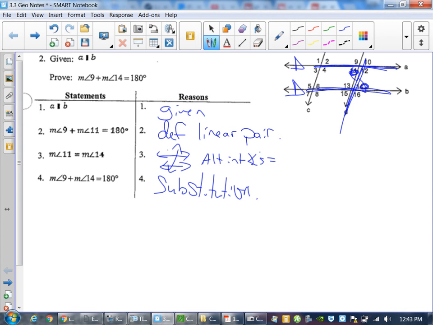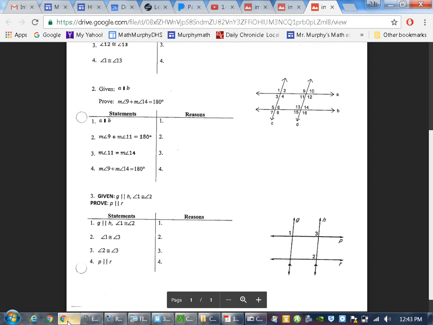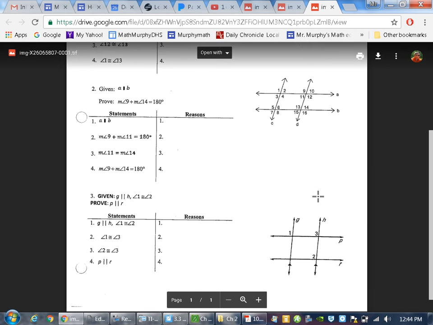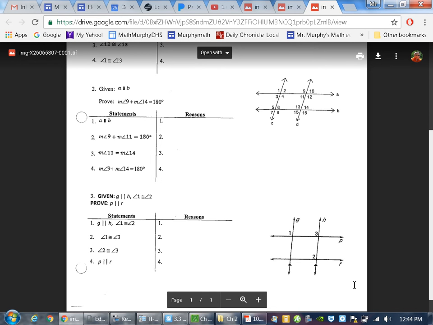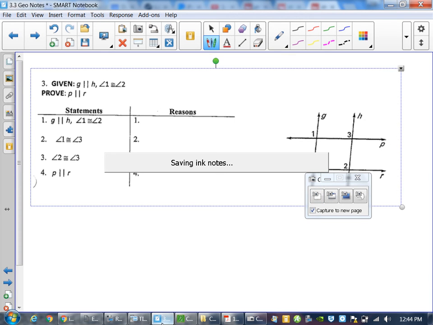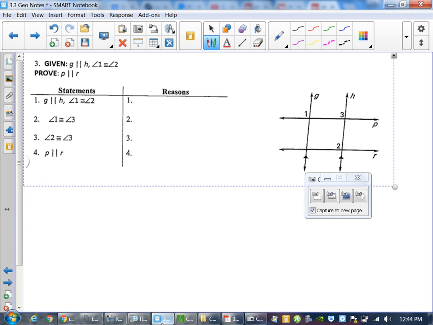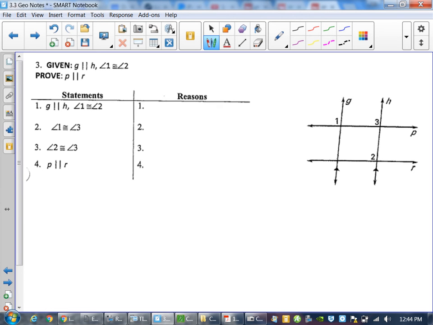So the third one actually needs something that we don't know about yet.